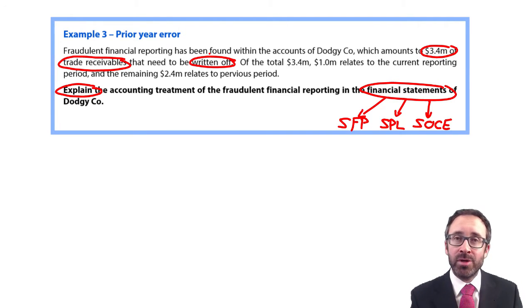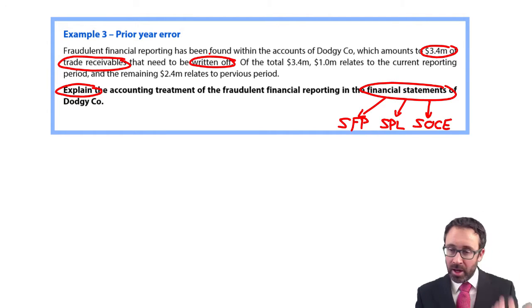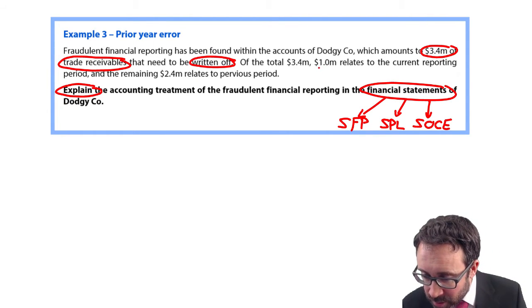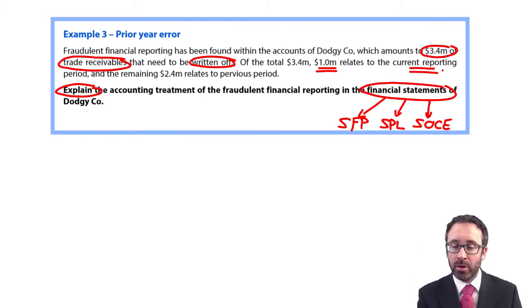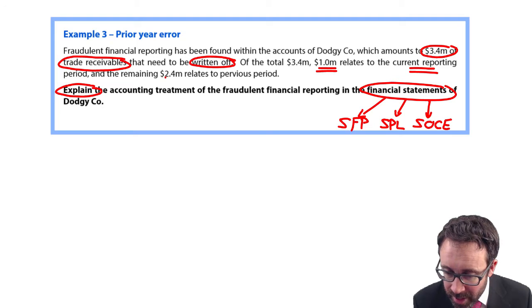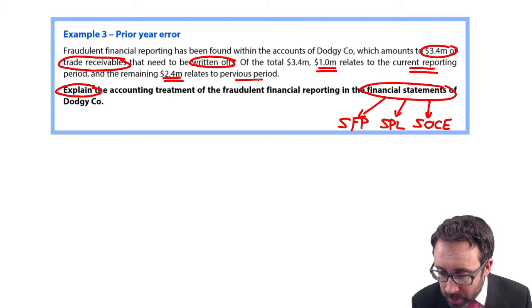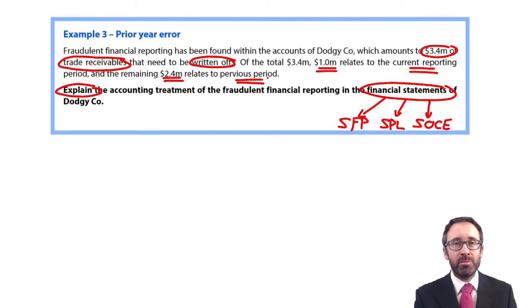Whereabouts does the debit entry go? You've got to be careful. You've got to read the question carefully, because 1 million is in relation to the current reporting period, and the remaining 2.4 relates to the previous period.